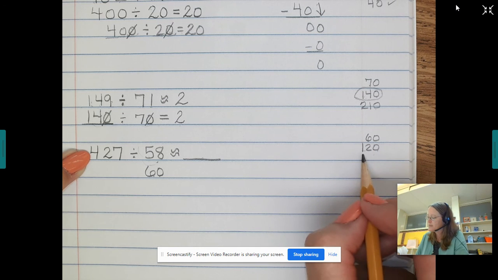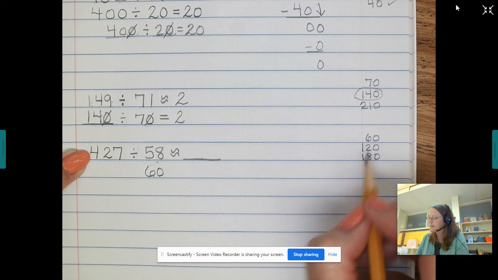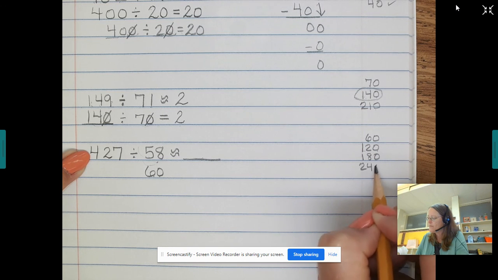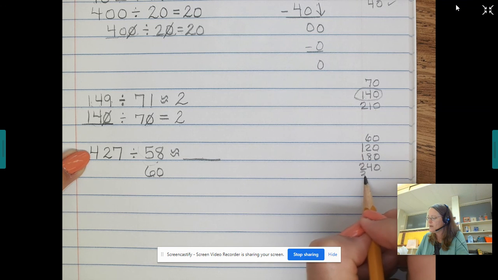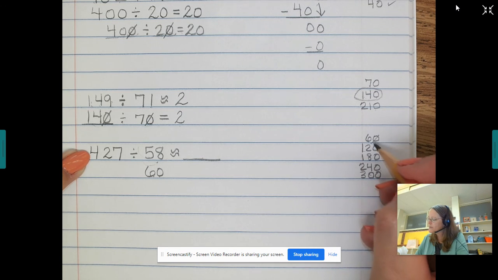Not even close. 6 times 3 is 18. 180. 6 times 4 is 24. 240. 6 times 5 is 30. So 300. Okay, do you see what Ms. Molinek is doing?